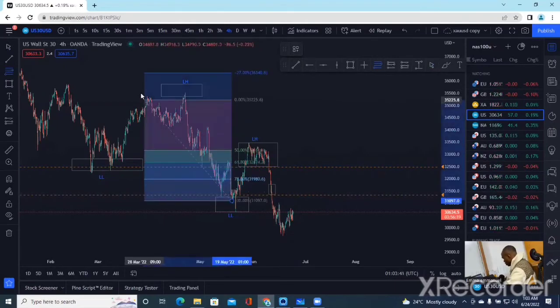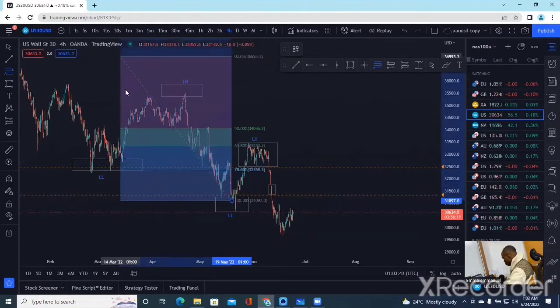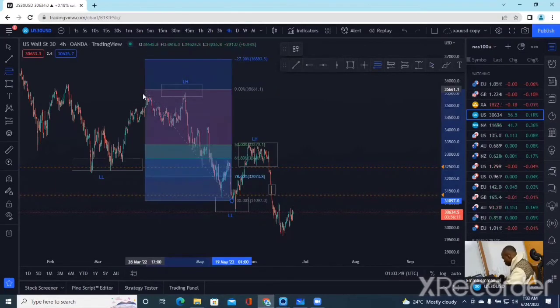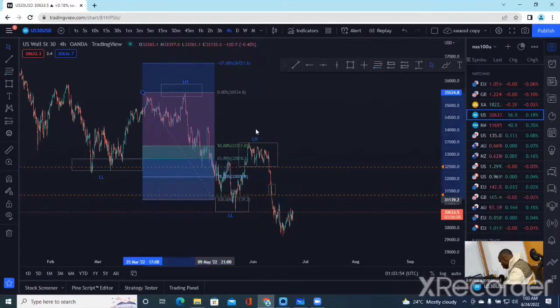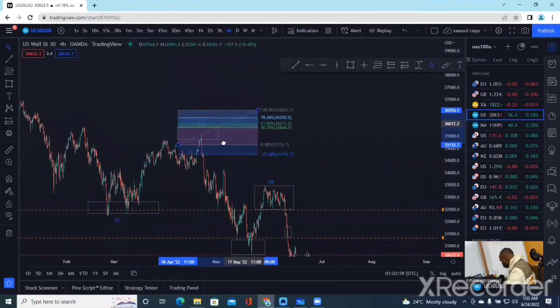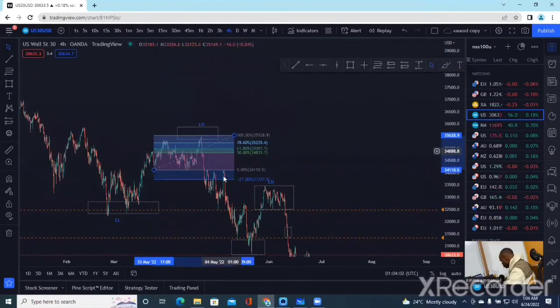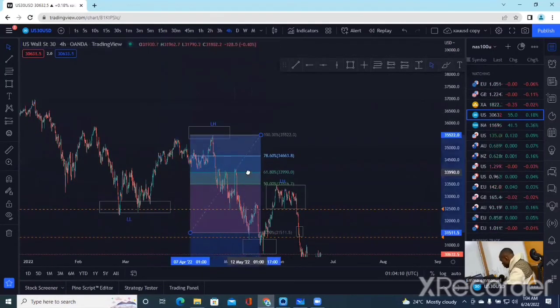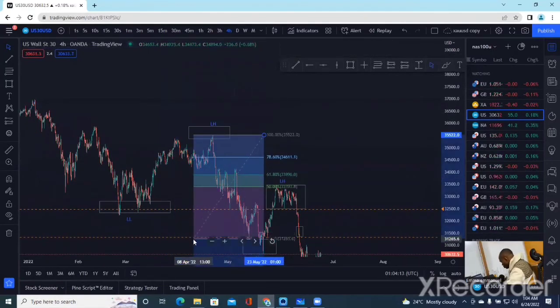So let's say this is our range. The market most likely moves back to the 50 to 80%.